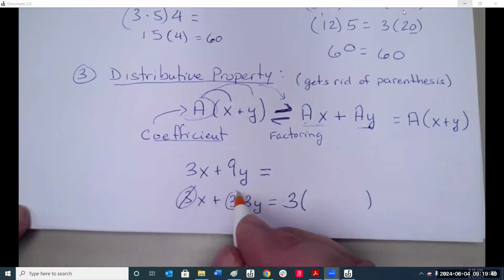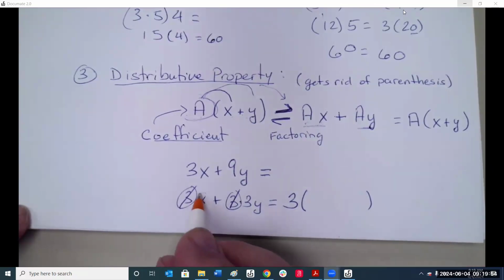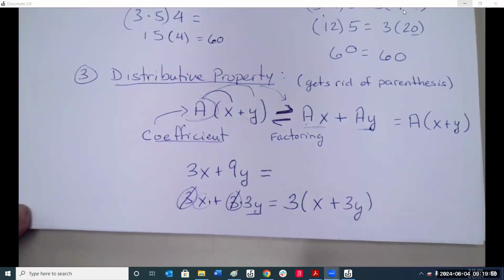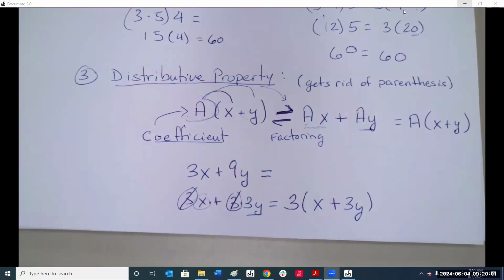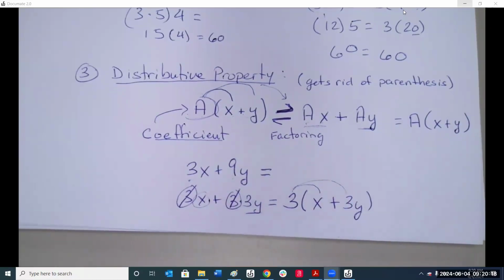So if I take out that 3 they both have in common, whatever's left goes inside the parentheses. X plus 3y. That's how factoring works. How do we know that's right? Well, multiply it. 3 times x is what? 3x. 3 times 3 is 9y. Always check your work. Make sure what you've done is correct.